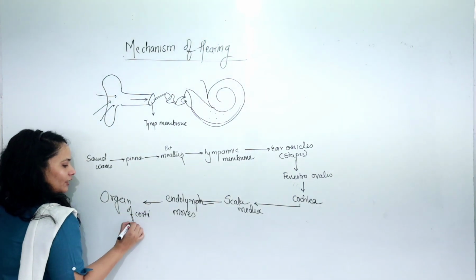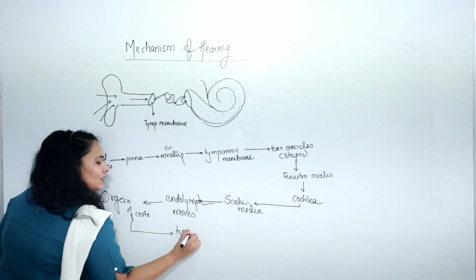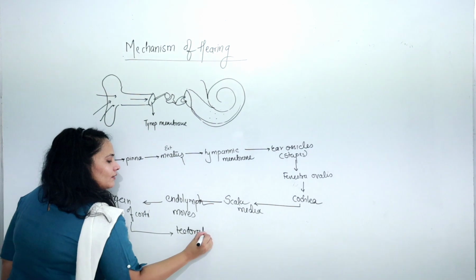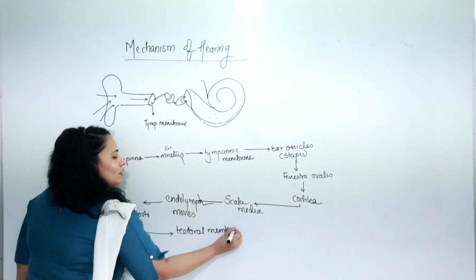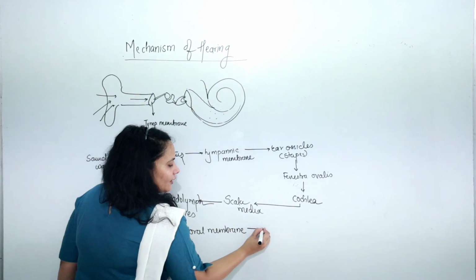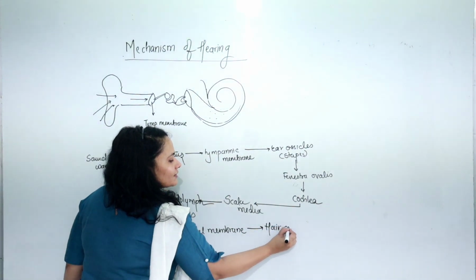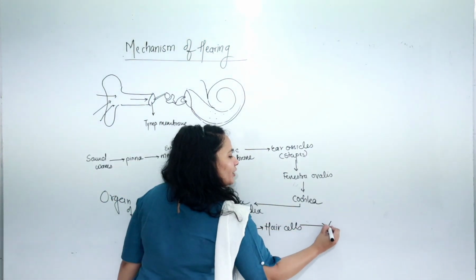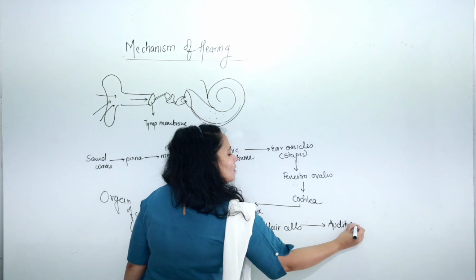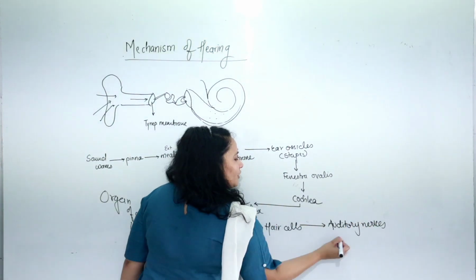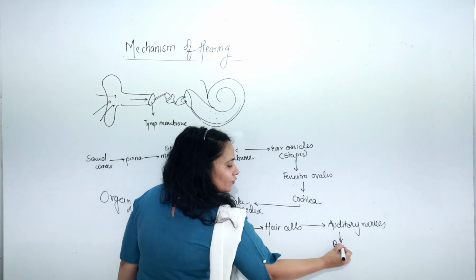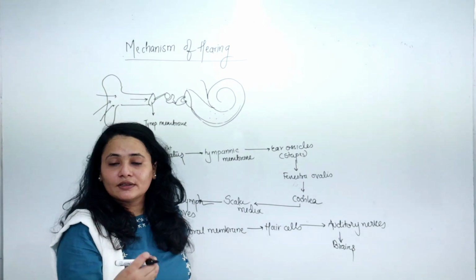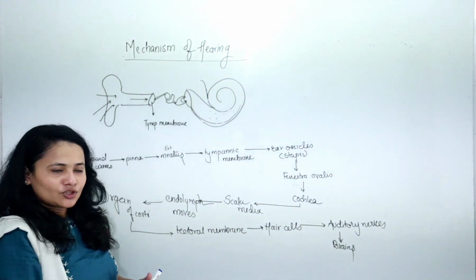In the organ of Corti, it will move the tectorial membrane, which will move the hair cells, and the movement of hair cells is detected by the auditory nerves. These auditory nerves will go to the particular area of the brain, and the sound gets analyzed and processed, and this is how we hear.